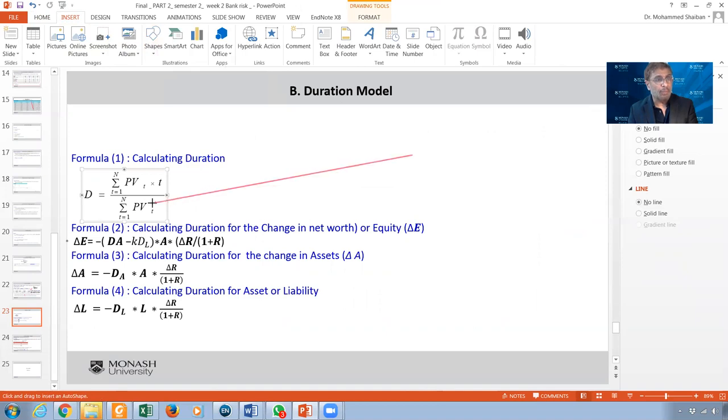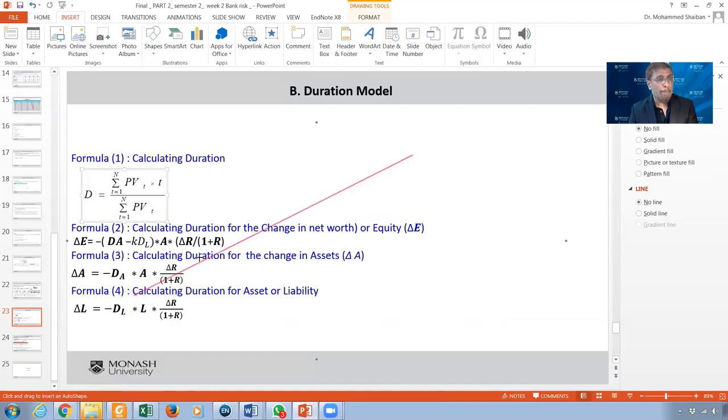This is step 1. Step 2, if I have the assets and liabilities, I can now calculate the change in equity, which is the impact on the balance sheet. So I can calculate the change in assets and the change in liabilities if I like.